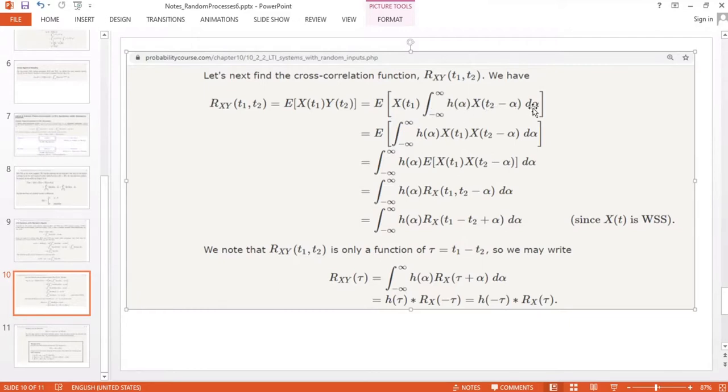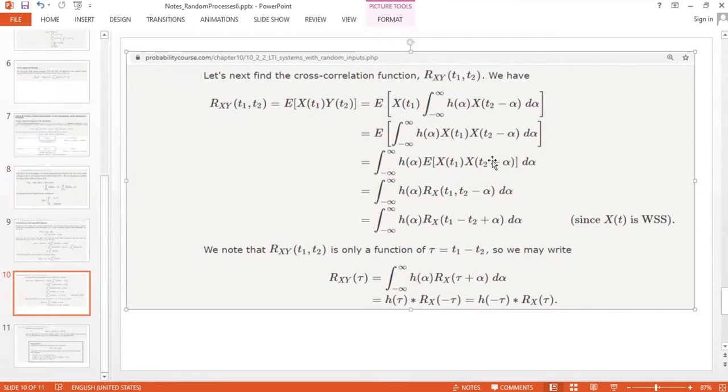Since you are integrating with respect to alpha, x(t1) and the expectation go inside, giving the expectation of x(t1) x(t2 minus alpha) times h(alpha) d alpha. Again here x is a wide sense stationary process, and t1 is one time and t2 minus alpha is another time.